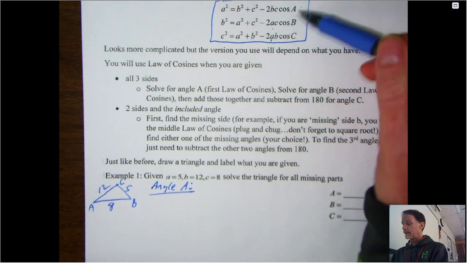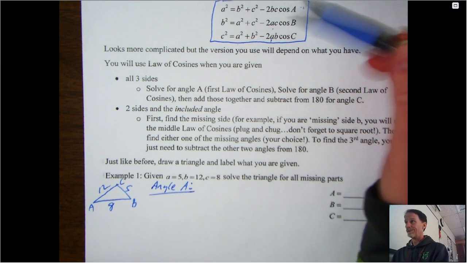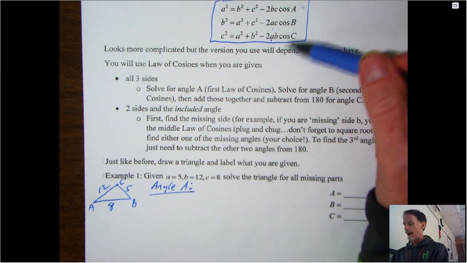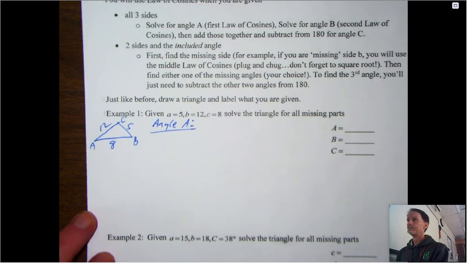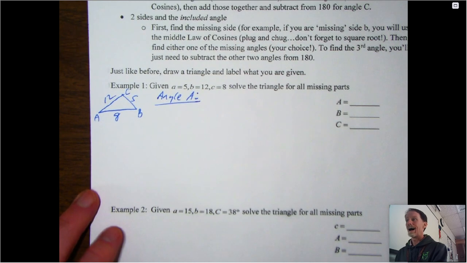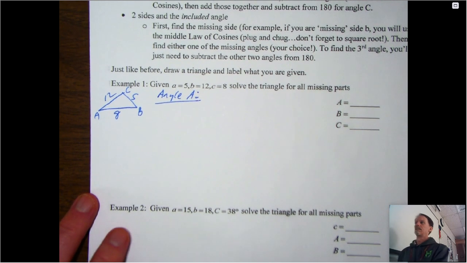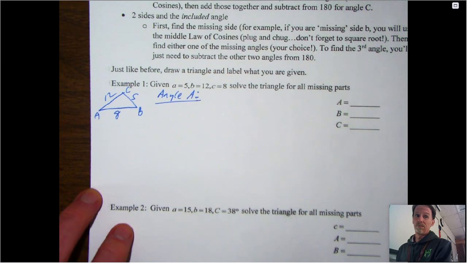If I'm finding angle A, again, I have to use the top one because that's the only one that has angle A. I know all my little a, little b, little c. So I'm going to plug everything in, and then do some algebra to isolate the A, and then use a calculator.